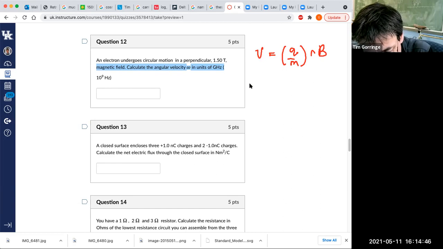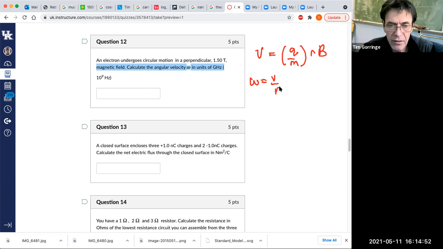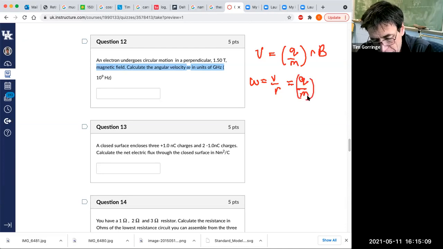If we divide through by R, that is actually the angular frequency, the radians per second, obtained by dividing the linear speed, meters per second, by the radius. And so the angular frequency is simply the charge to mass ratio for the particle multiplied by the B field.